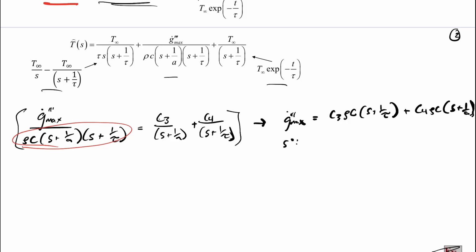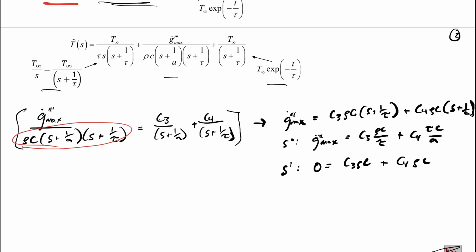For S to the 0, we get G triple prime max equal to C3 rho C over tau plus C4 rho C over A. And for S to the 1, the left-hand side is 0, so 0 equals C3 rho C plus C4 rho C. Again, we have two equations and two unknown constants, C3 and C4, and we can solve for those directly.